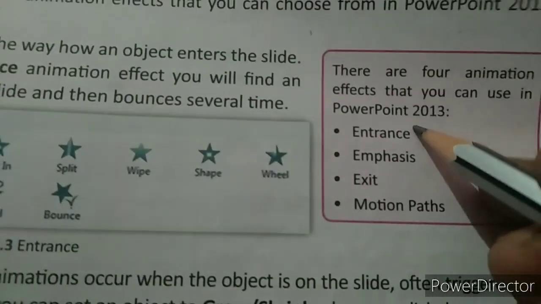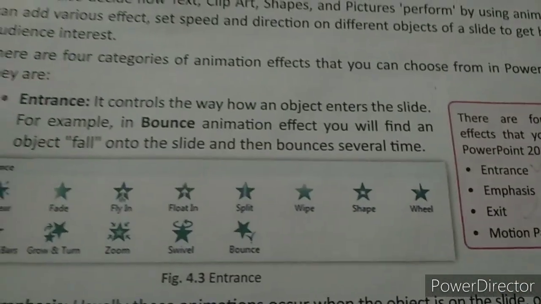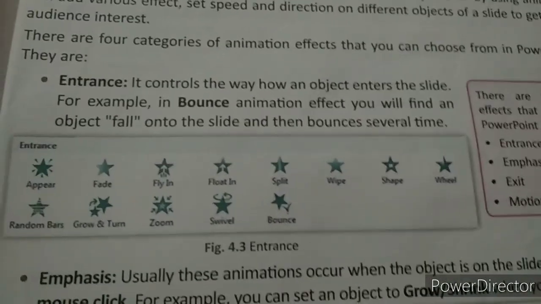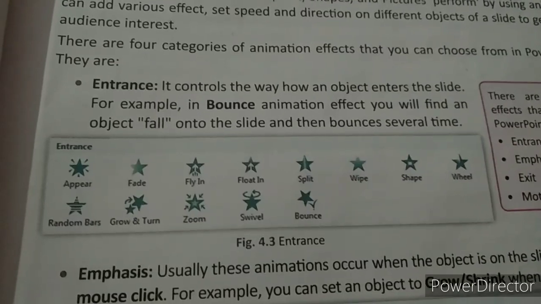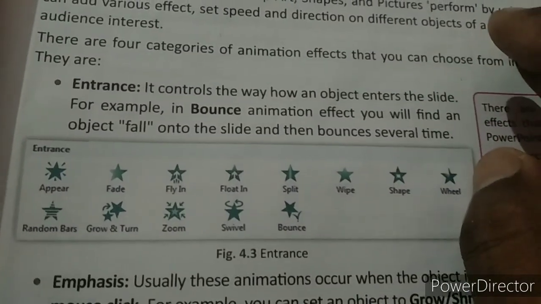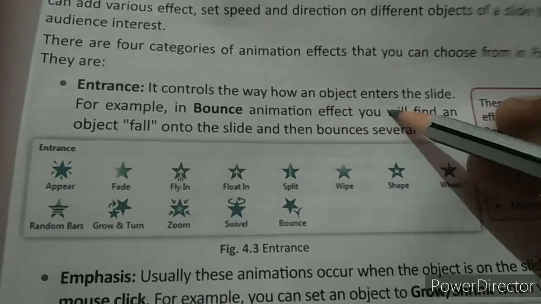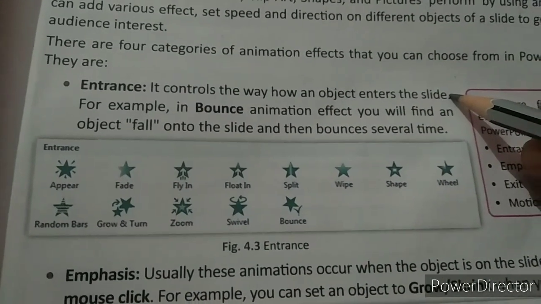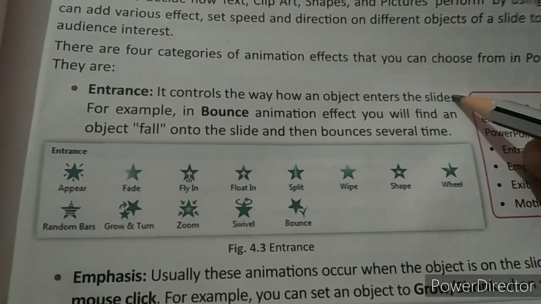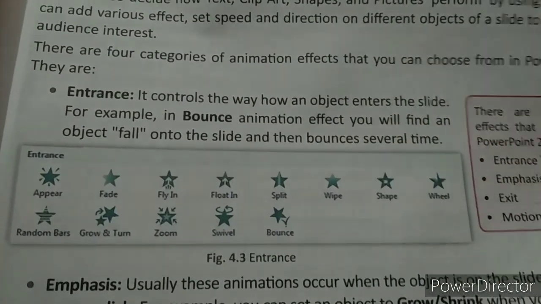Here we can say that these are the four things for which we can apply the effects, right? Entrance controls the way an object enters the slide. For example, in the bounce animation effect you will find an object fall onto the slide and then bounce several times.